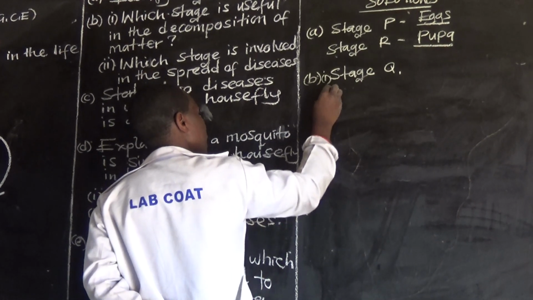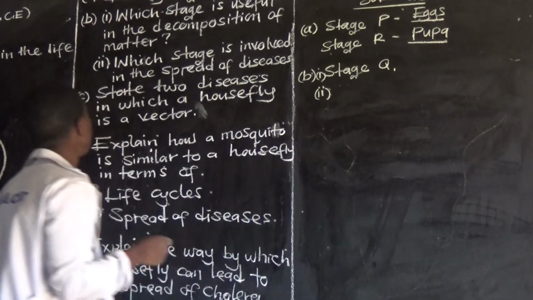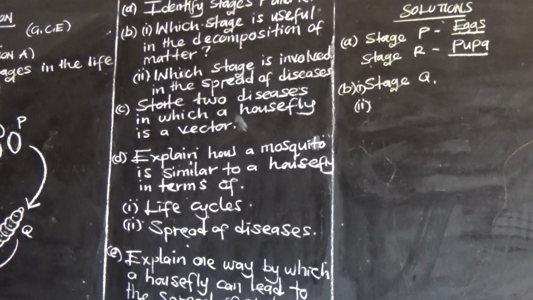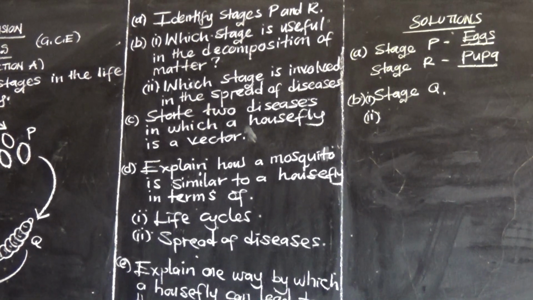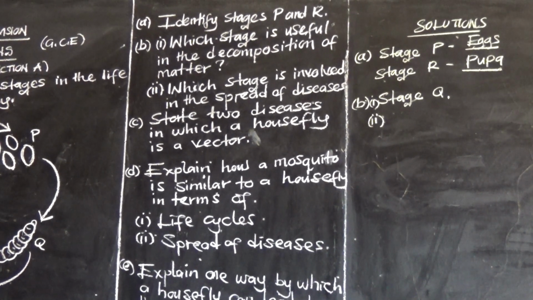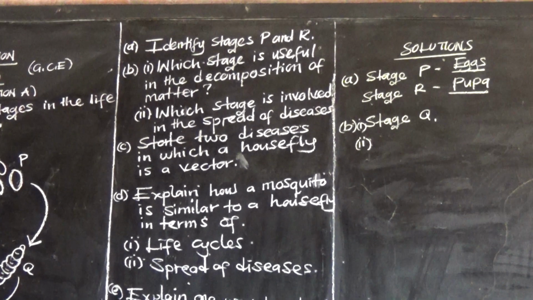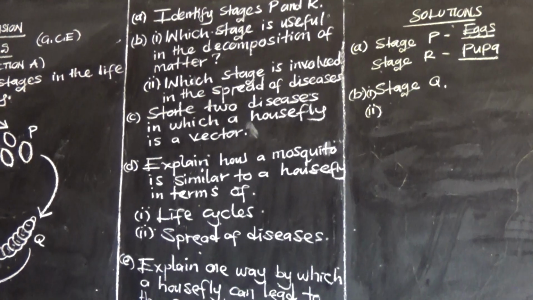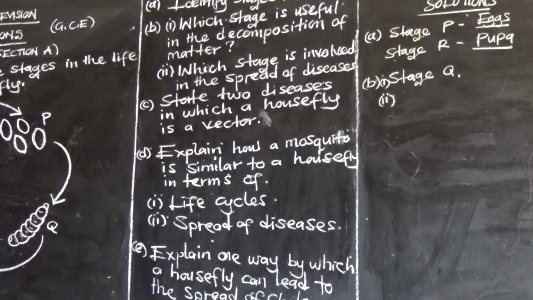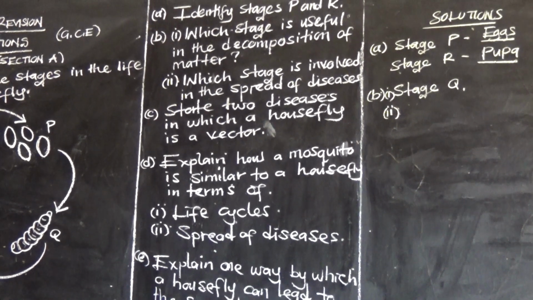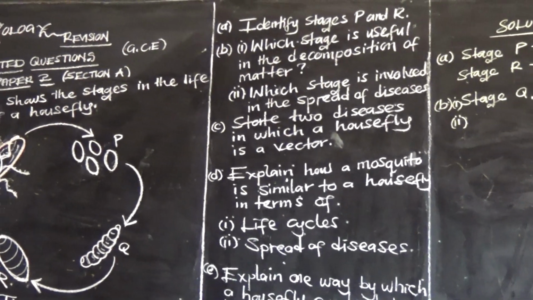Roman numeral 2 asks which stage is involved in the spread of diseases, the one which acts as a vector. A vector is an organism which spreads or transmits parasites from one host to another.